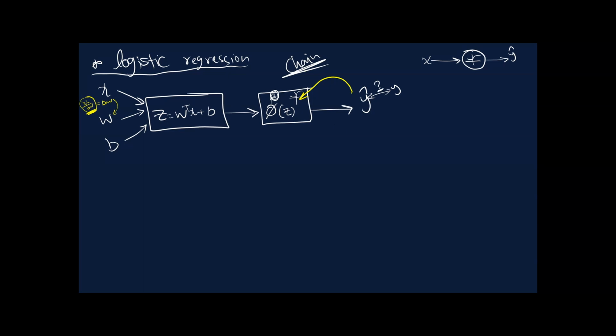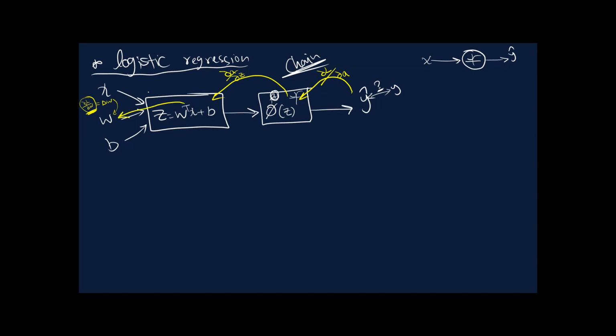So according to the chain rule, we would have to get the derivative of the cost at the end of this comparison with respect to this function first, to A, okay? And then we need to get the derivative of that function with respect to this function, to Z, okay? And then we go to the weight.